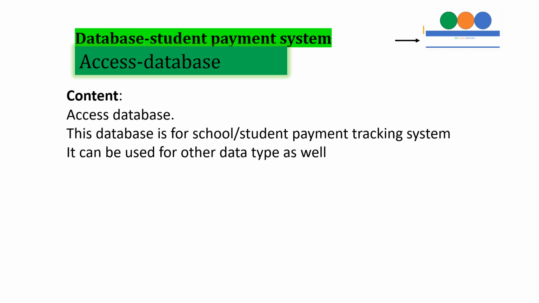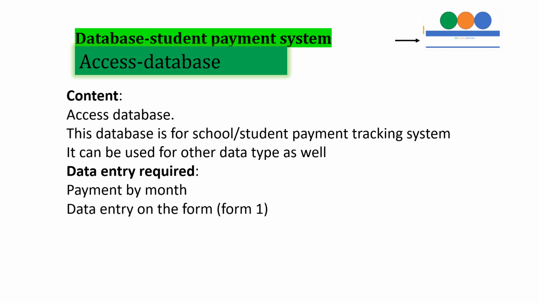For that matter, it can be used for other data management purposes. For the data entry required, we insert payment by month, and we use data entry on the form one, which is found on the left side of this system.